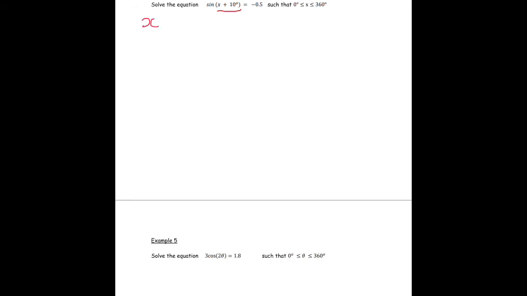So you will now have to keep your angle as x plus 10 degrees, and that will be given by sine to the minus 1 of negative 0.5, which is minus 30 degrees, which, yes, is outside of our range, but we need to use it to find the alternative angles.